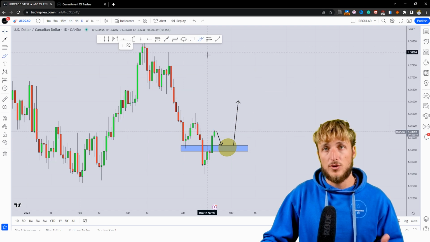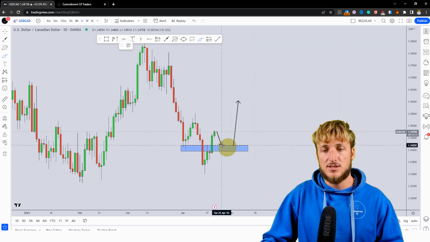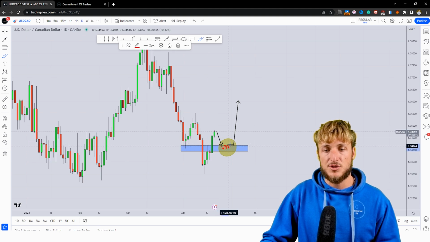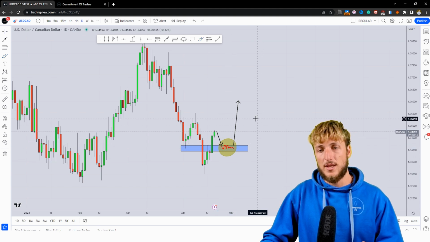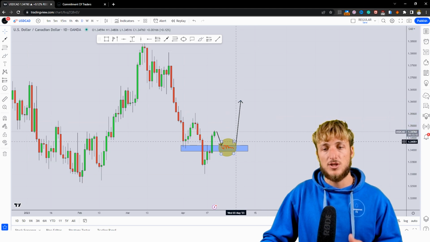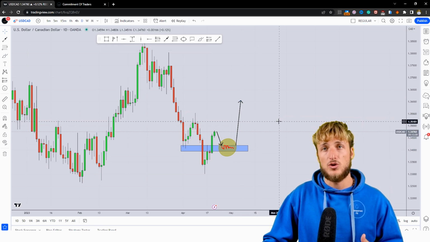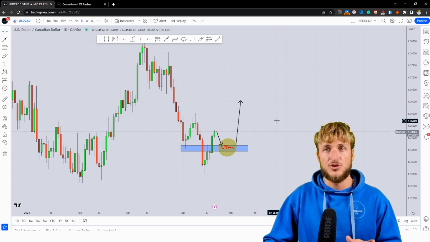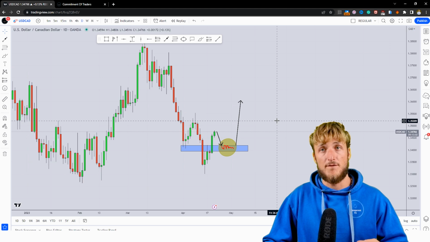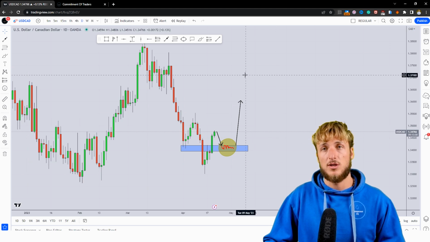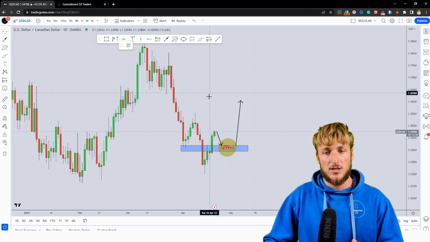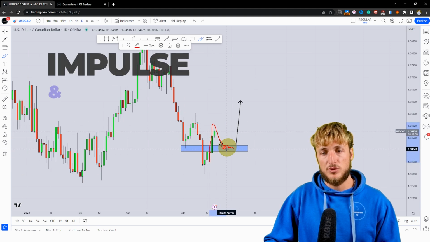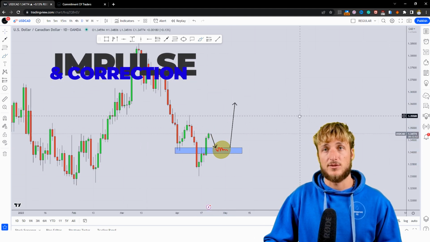Therefore, what we could be doing, potentially also with students, is monitoring price action from an intraday perspective during this move to the downside, waiting for the market to shift from an intraday bearish market to an intraday bullish market. And if it provides one of our valid entries, at that point we could be looking for a potential rejection to the upside, for the market to potentially complete this impulse correction and impulse pattern to the upside.